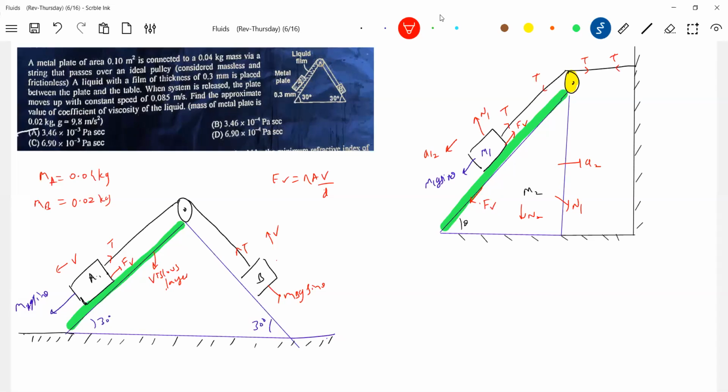What will be the constraint equation? Will it change because of the viscous layer present on the inclined plane? Anybody? Constraint equation: shall I write A12 equal to A2?